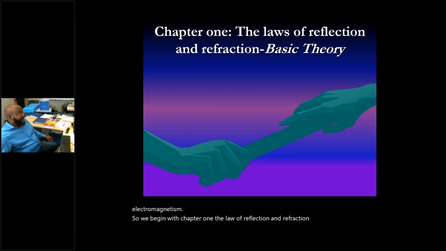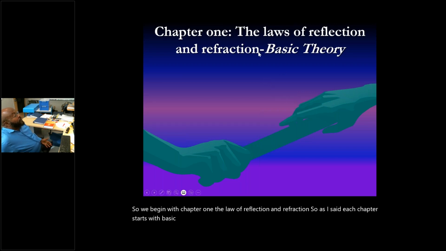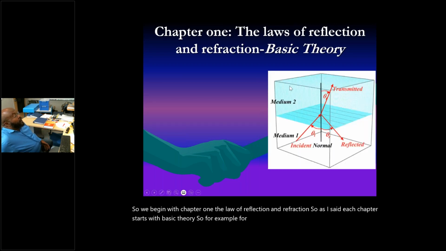So as I said, each chapter starts with basic theory. For chapter 1, we talk about the law of reflection and refraction. They see light coming from one medium going into another medium.